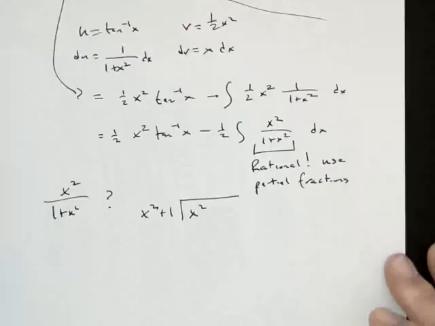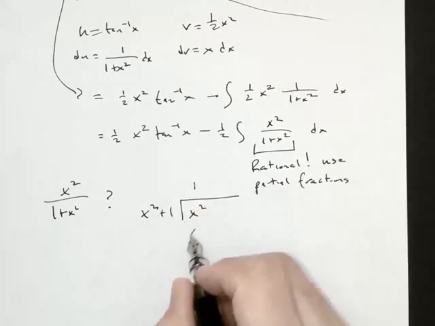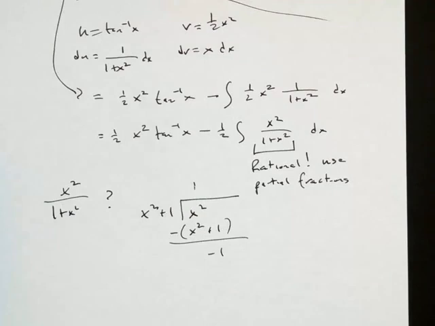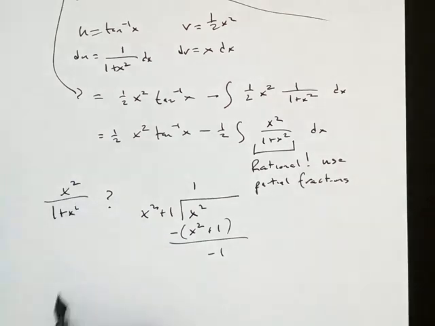I write it in the other order just to make that easier. x squared into x squared goes once. Subtract all of that, I get a -1, that's my remainder. So, instead of x squared over 1 plus x squared, I get 1 plus -1 over x squared plus 1.